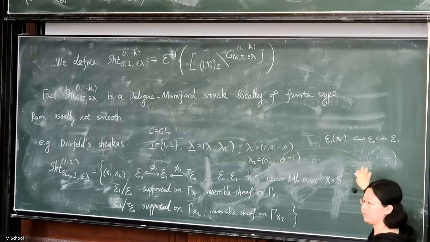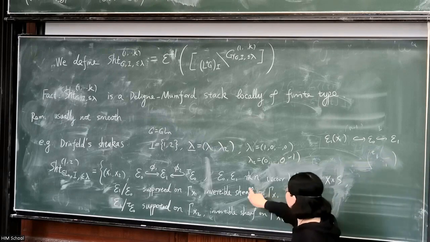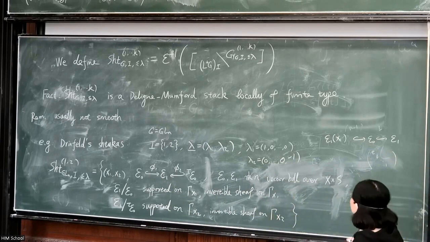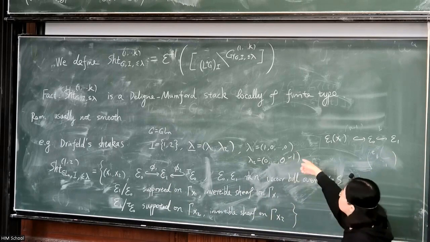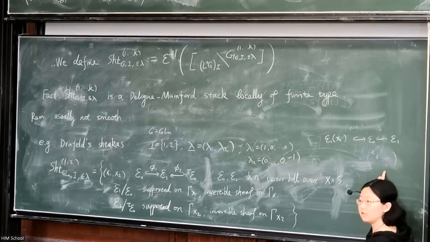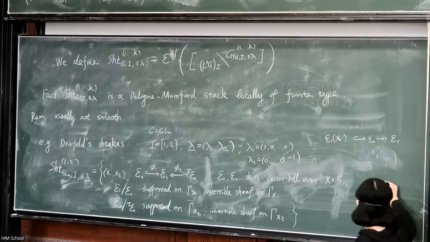There is some dictionary to write down this one. Because this lambda in the GL1 case corresponds to an element like this in GLN.